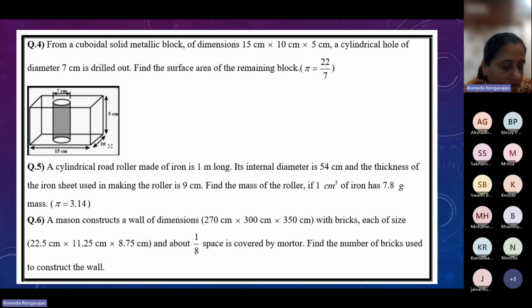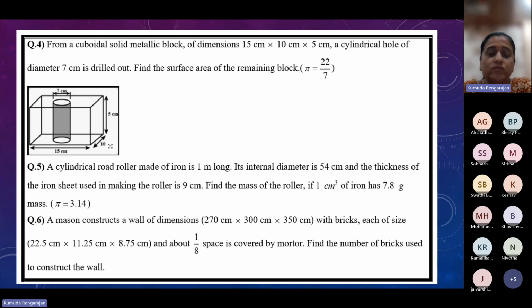Yeah, tell me. How will we find the surface area of the remaining block? Okay, let me begin. It is the TSA of the cuboid minus what?